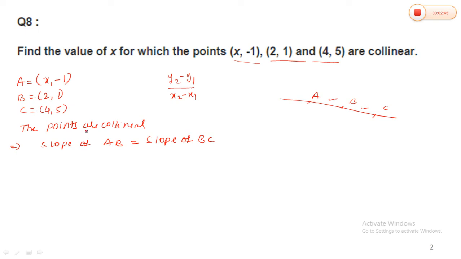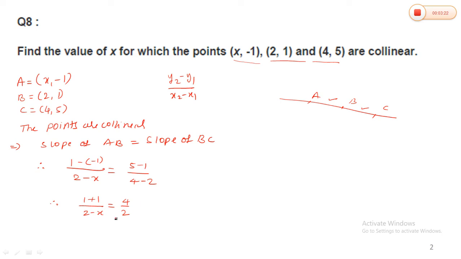So slope of AB is equal to y2 minus y1, that is 1 plus 1, divided by x2 minus x1, 2 minus x, and this is equal to slope of BC. Similarly, 5 minus 1 divided by 4 minus 2. Therefore 1 plus 1 divided by 2 minus x equals 4 upon 2.